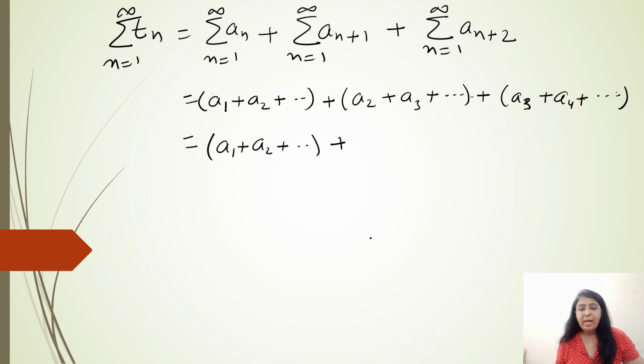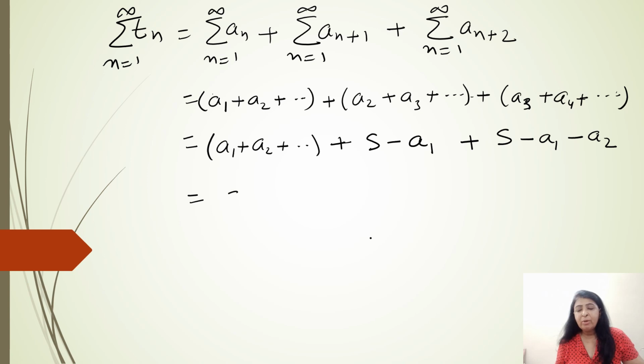Now S is given as sigma an, n varies from 1 to infinity. So what will this be? S minus a1, and the last one is S minus a1 minus a2, right?